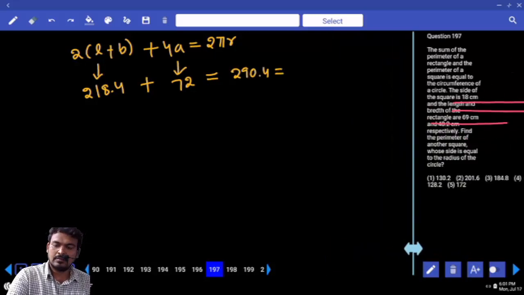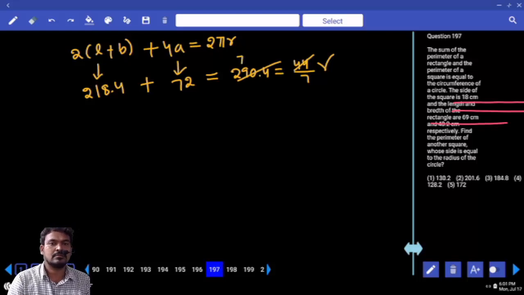2 pi r is considered as 44 by 7 into r. 44 goes in 6 times. 44 times 6 is 264, what is the remaining? 26.